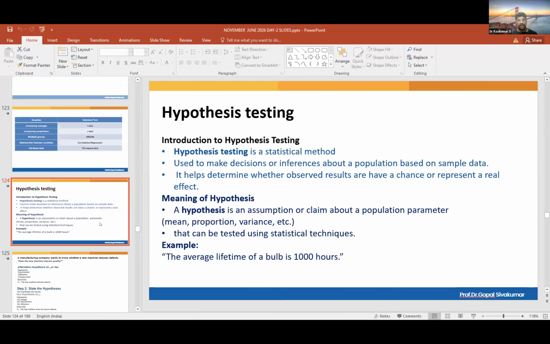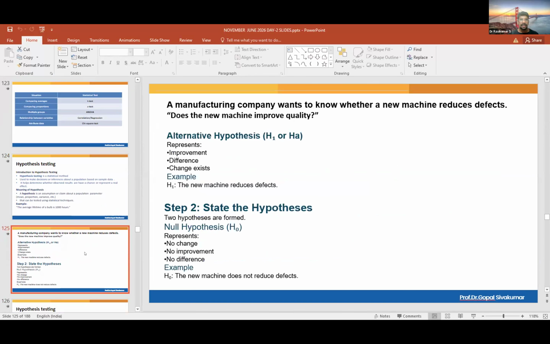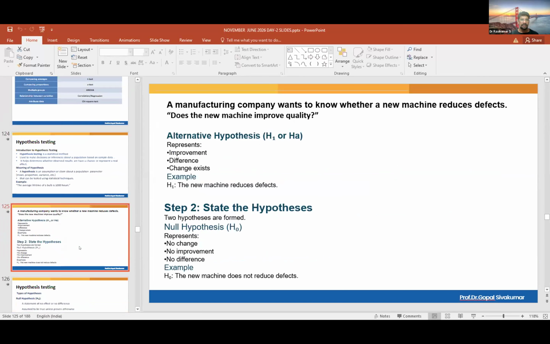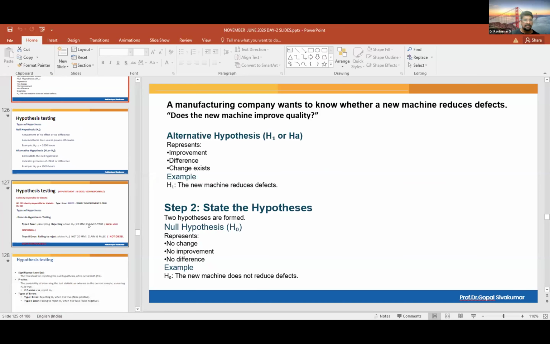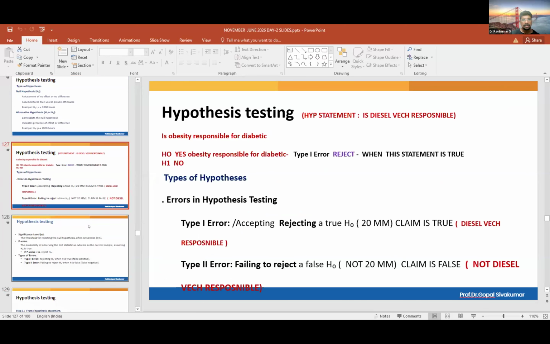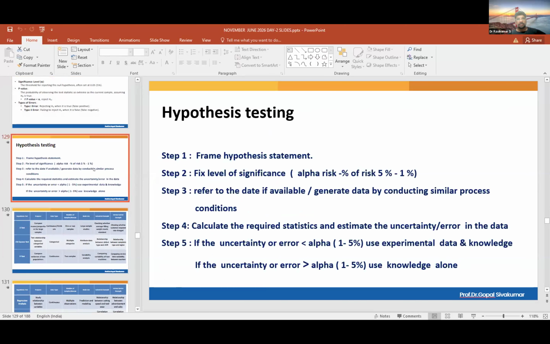So in hypothesis testing, there is a procedure. I will give you the procedure first, and we will go into the steps one by one. This is the procedure for doing a hypothesis testing.